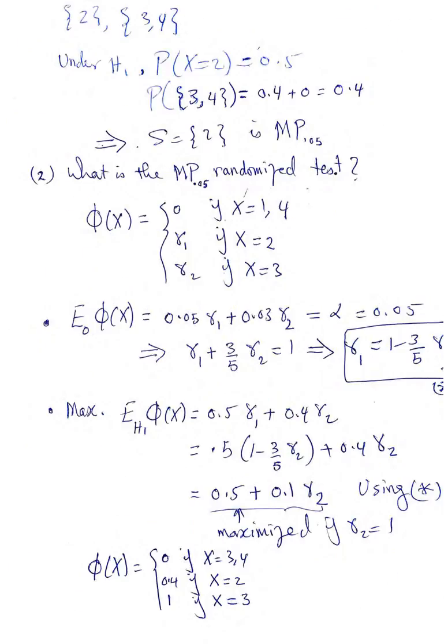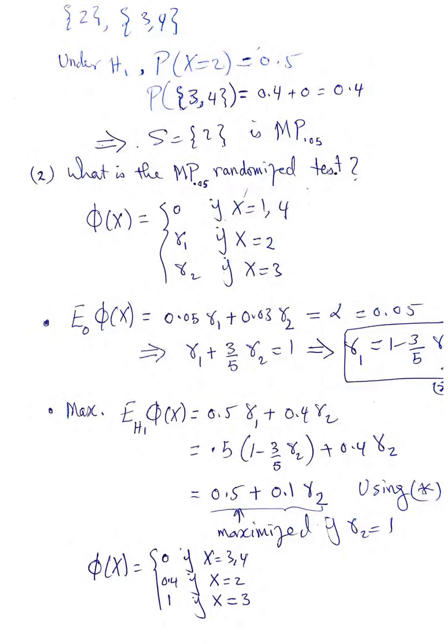So you have two tests, and we compute the power function under H1 to see which one has the maximum. The probability of x equal 2 under H1 is 0.5, and for x equal 3 and x equal 4 it is 0.4 plus 0.4. So x equal 2 has the maximum power under H1, so it is the most powerful test at alpha equal 0.05.